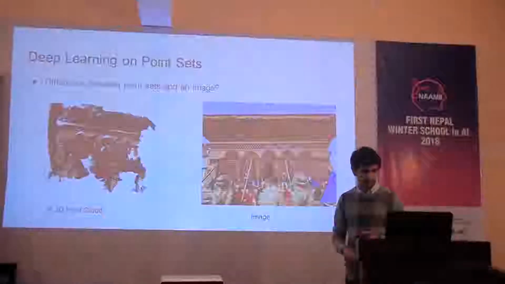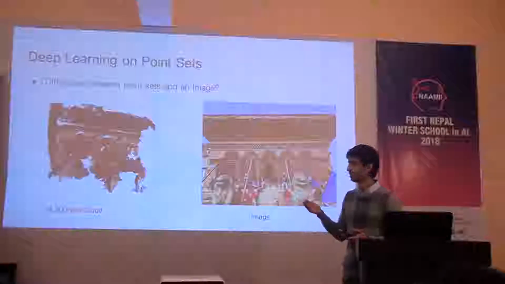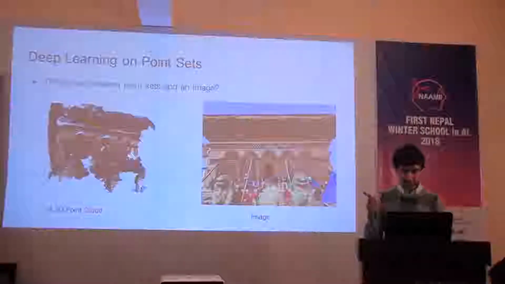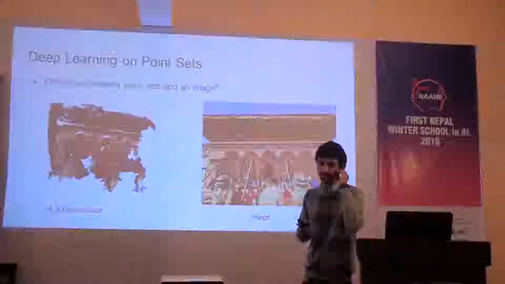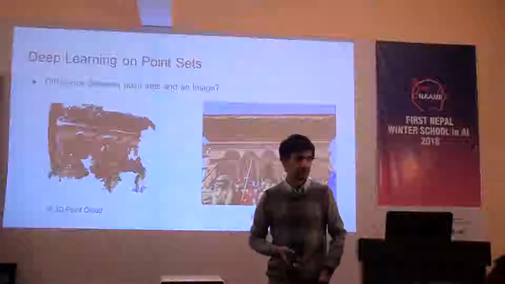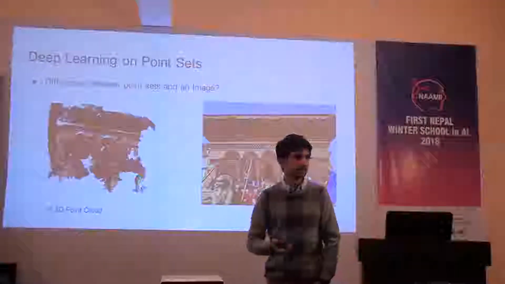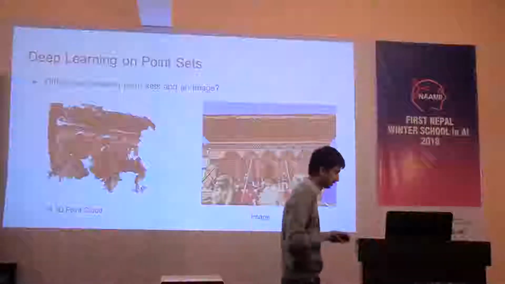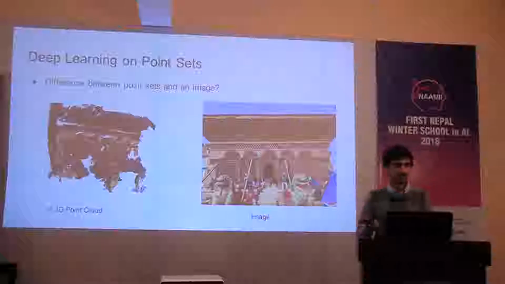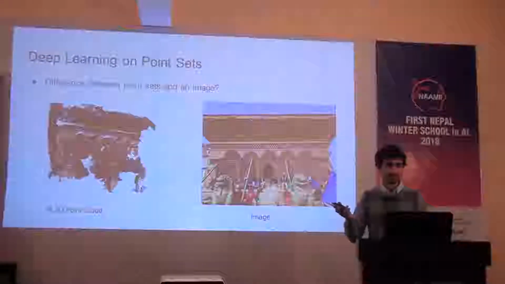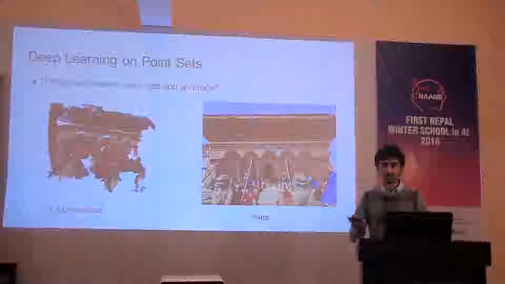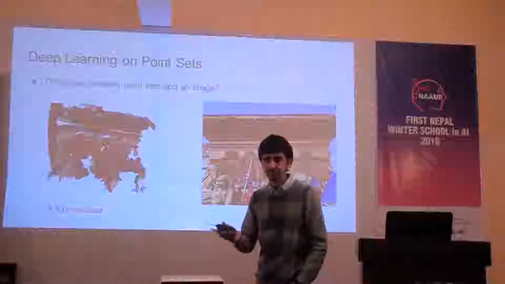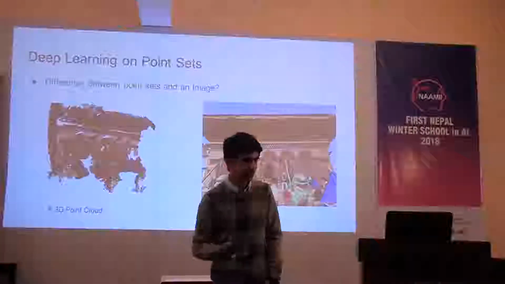That's the point. And there are many kinds of point sets. I'm giving an example of a 3D point cloud, but there could be many others. For example, if you try to learn on financial data or data of users, let's say you have 100 clients, and for each client you give a feature vector, for example age, how much they spend each month, or what's their earning.